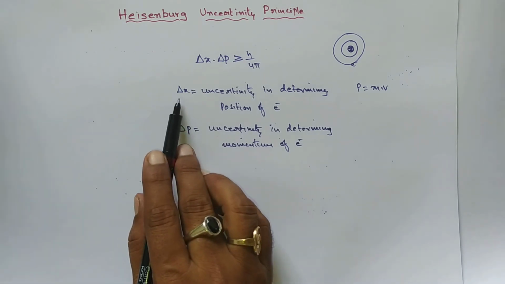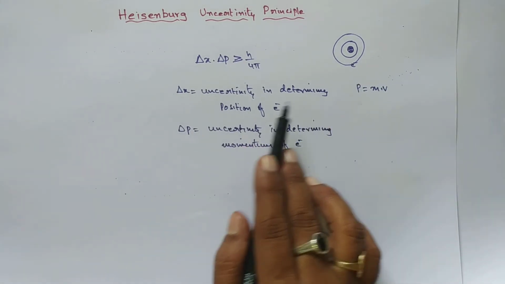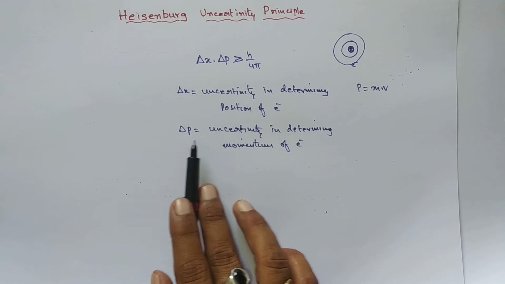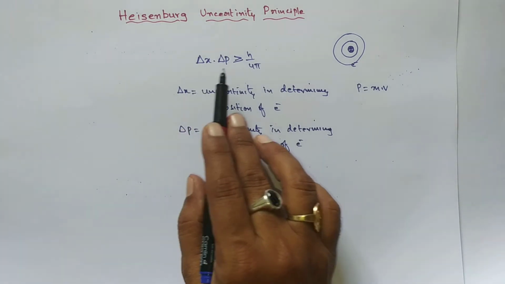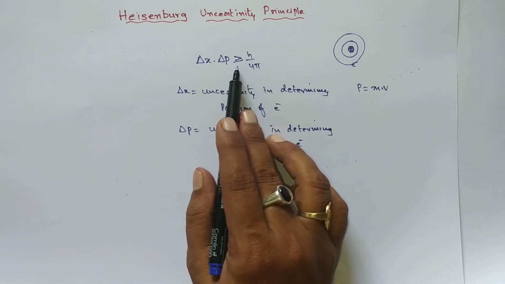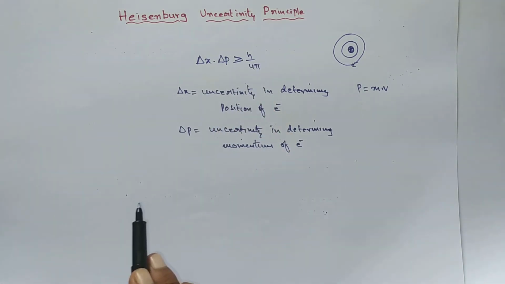So delta x indicates the uncertainty in determining position of an electron, whereas delta p indicates the uncertainty in determining momentum of an electron. The product of these two is always greater than or equal to h by 4 pi.